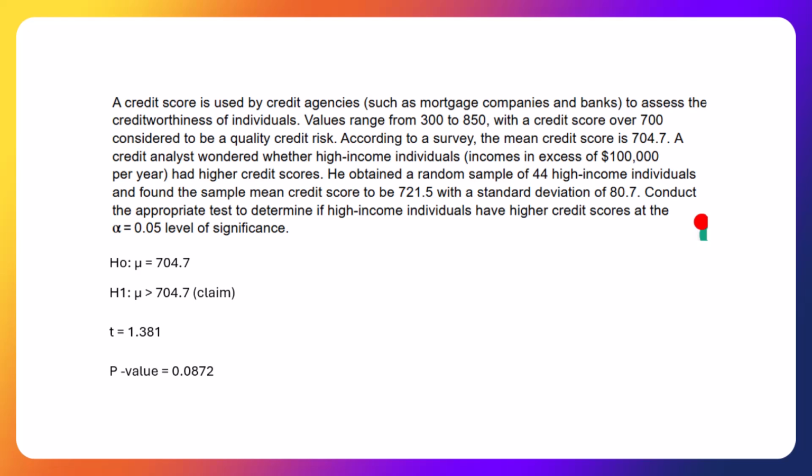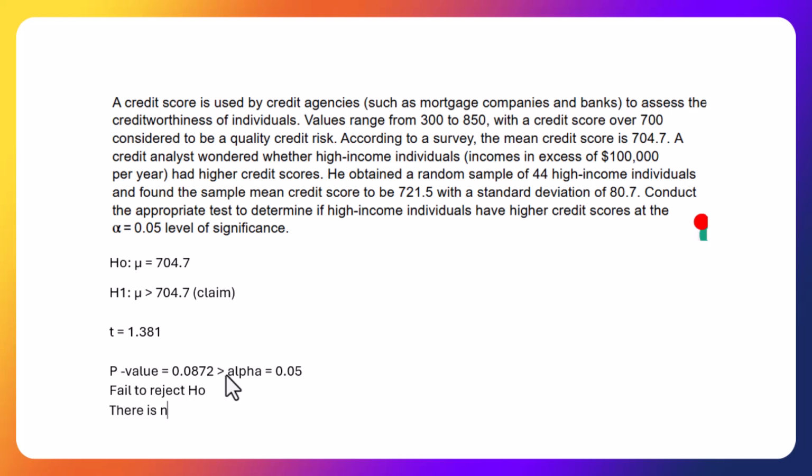So step number 2 is the test statistic. Step number 3 is the p-value. And you guys agree with me that this is bigger than alpha, which is 5%. So what's the conclusion going to be? We're going to fail to reject H0. If the p-value is more than alpha, we fail to reject the null hypothesis. And if you fail to reject the null hypothesis, you cannot support the claim.